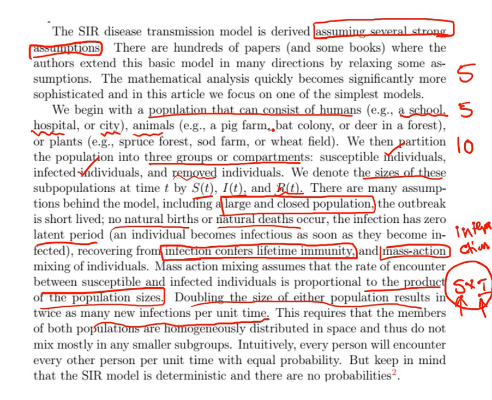So the transmission rate is going to be represented by something that represents the average number of contacts per person per time multiplied by the probability of disease transmission in a contact between a susceptible and an infectious individual.